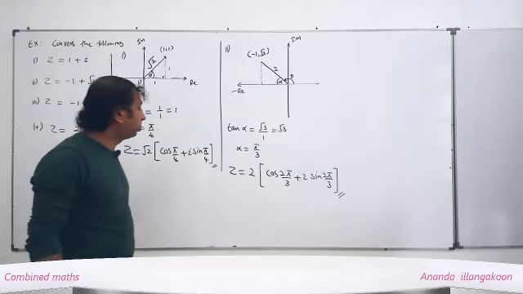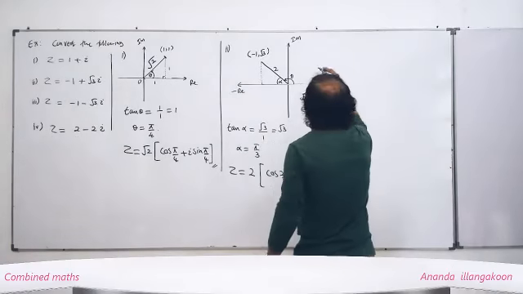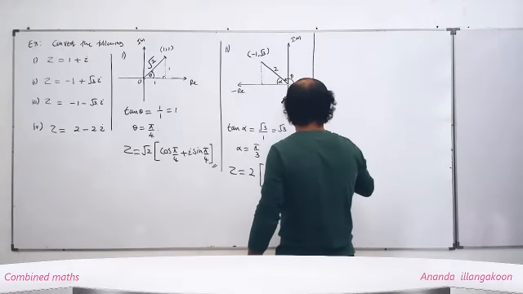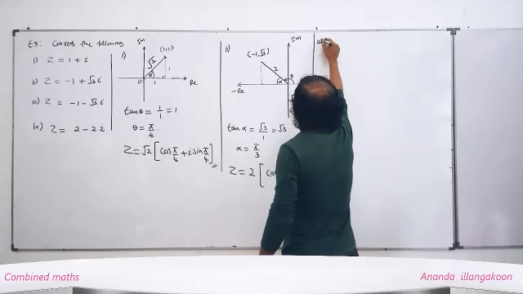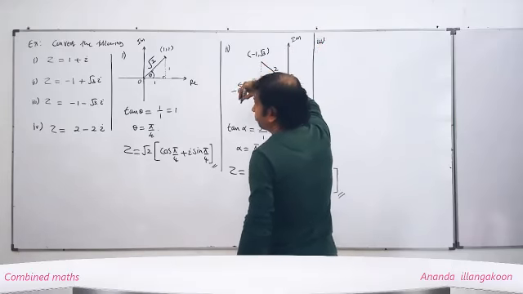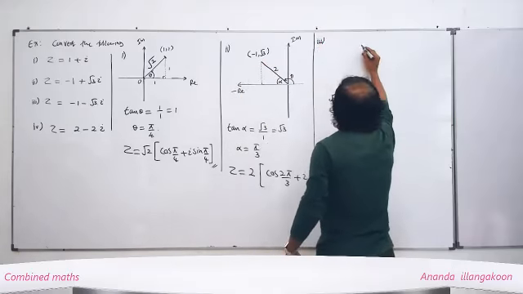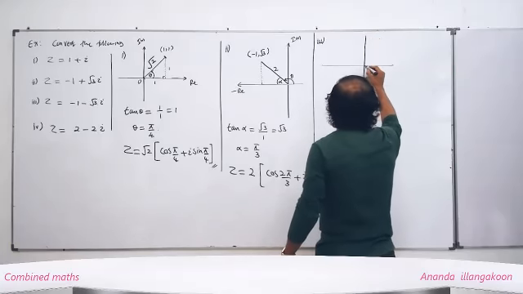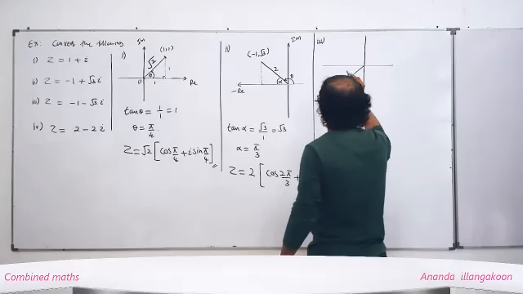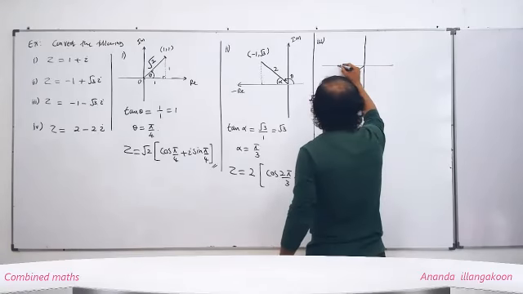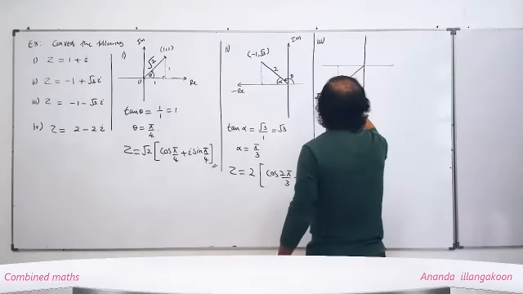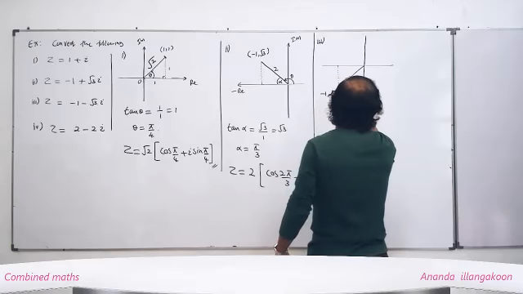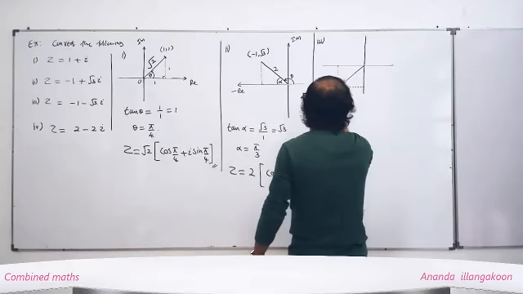Third one. We have this minus 1 minus root 3i. Which quadrant is this, people? Third quadrant. This is minus 1, minus root 3i.